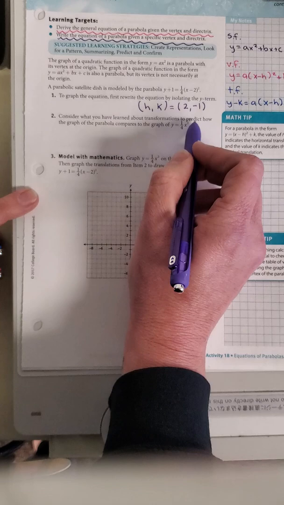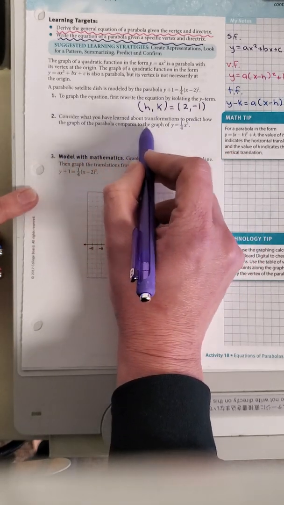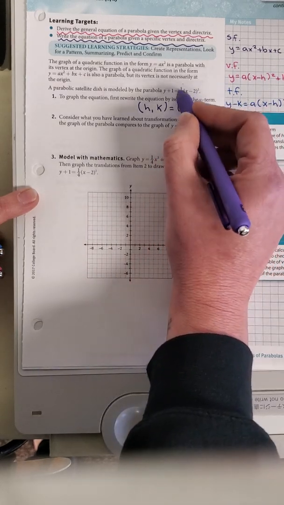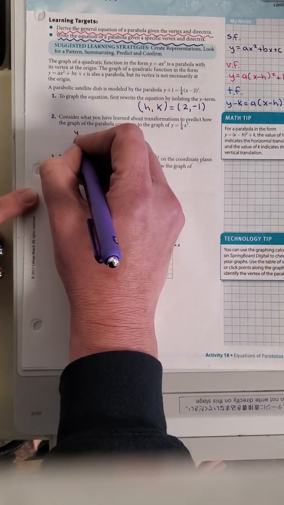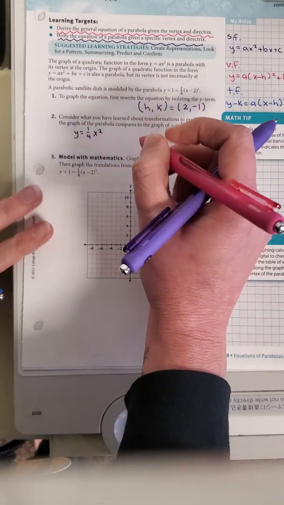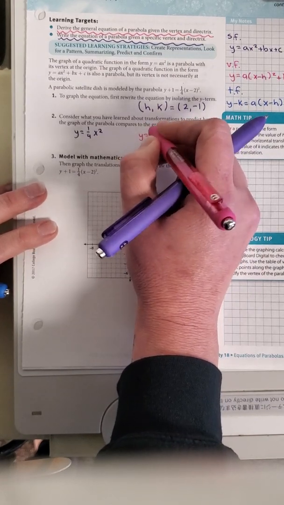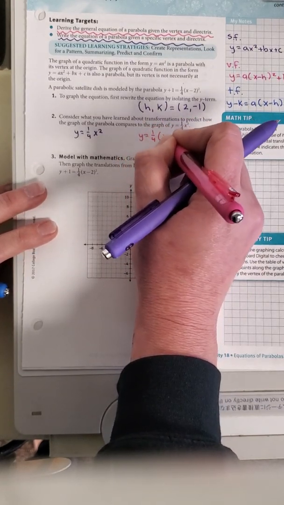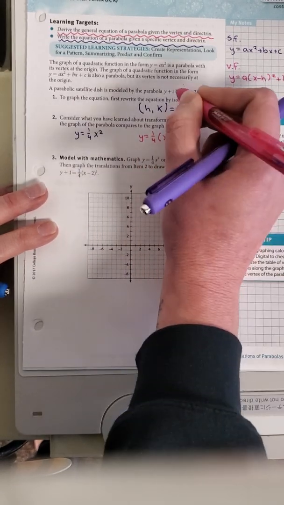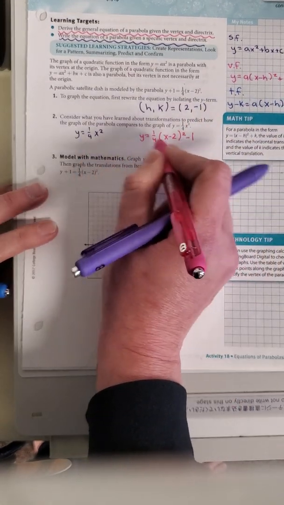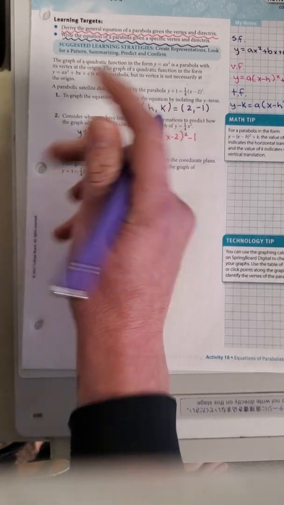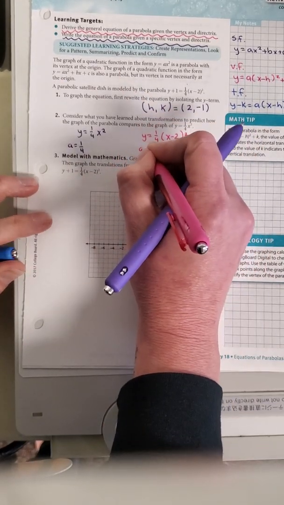Consider what you've learned about transformations to predict how this parabola compares to the graph of y equals 1/4 x squared. So the a value here, they're the same. In y equals 1/4 x squared versus y equals 1/4 (x minus 2) squared minus 1, I subtracted the 1 over. In these, here a is 1/4, here a is also 1/4.